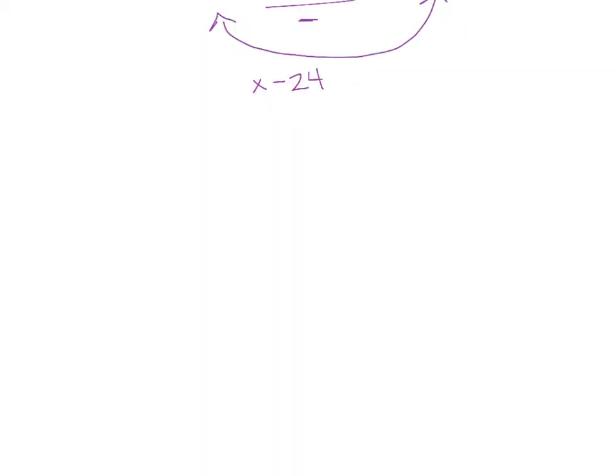All right, the next one, 1c. We have 4 times the sum of a number and 2. Anytime you see the words the sum of, it means you're going to have parentheses directly after it.